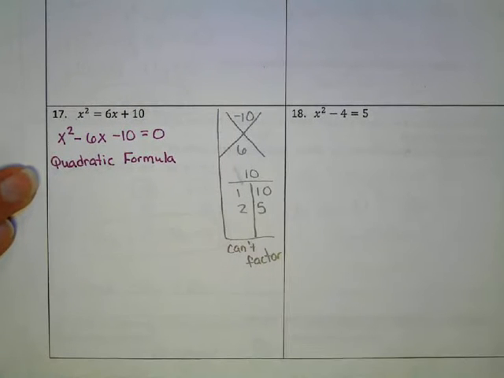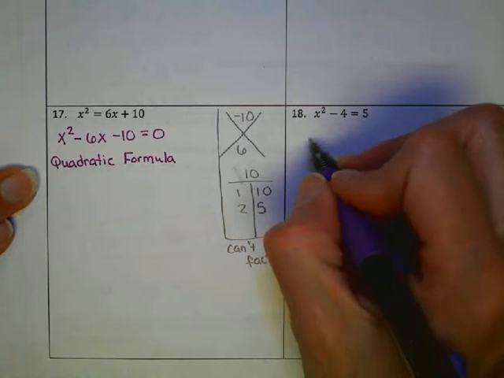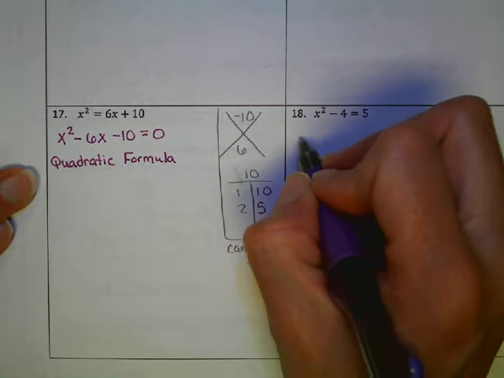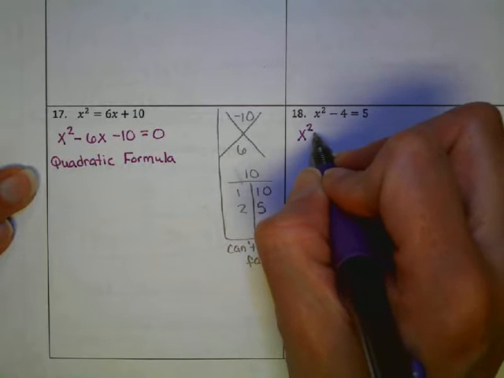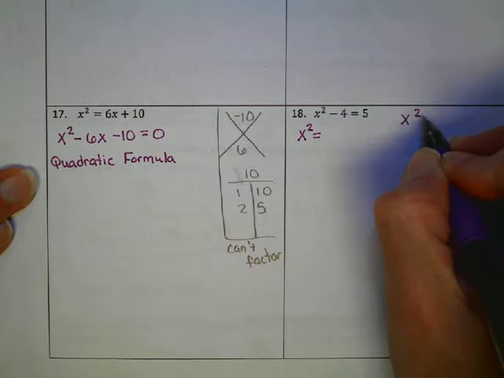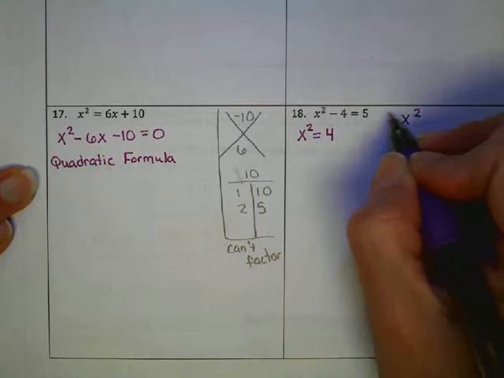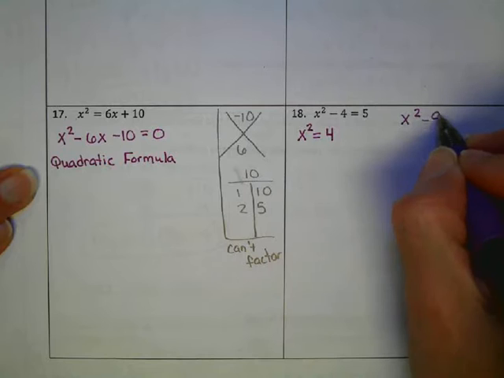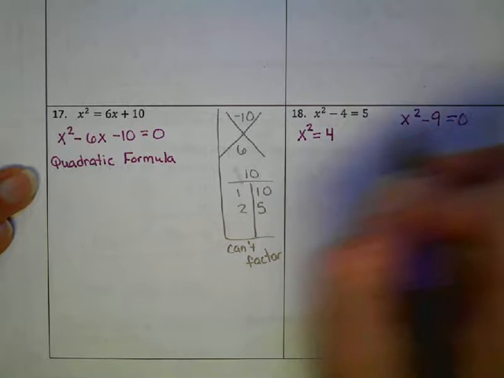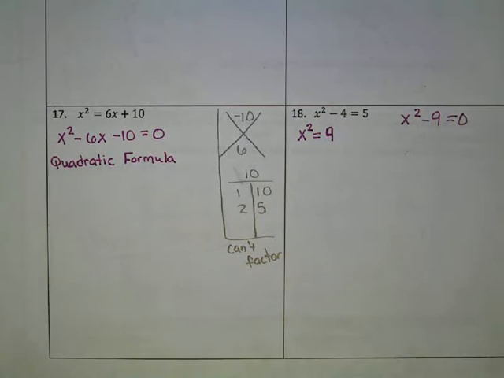And this one is not set equal to 0, so if you want to set it equal to 0, you could. And it would look like this. You would have plus 4 to the other side. You would have x squared equals 9. Or you could subtract the 5 and get x squared minus 9 equals 0. So here's two options.